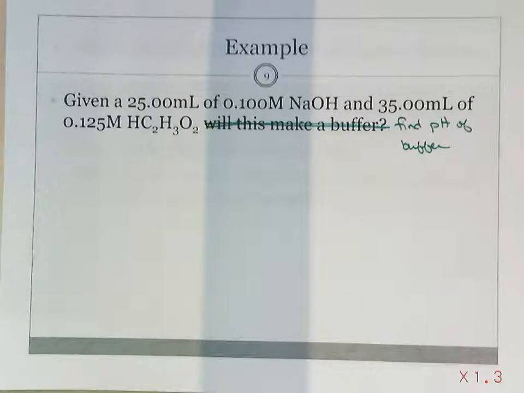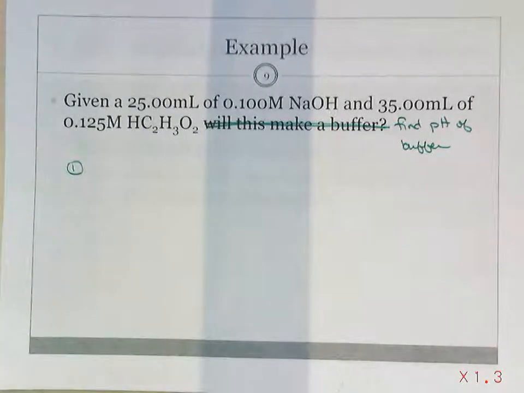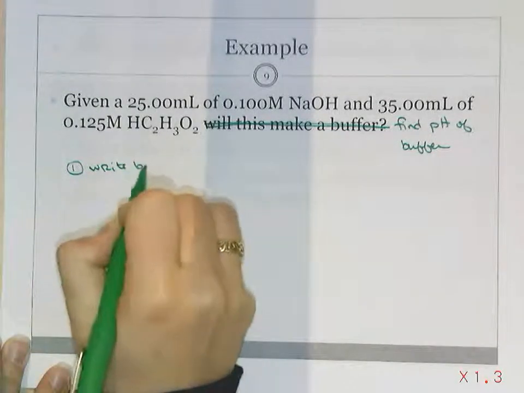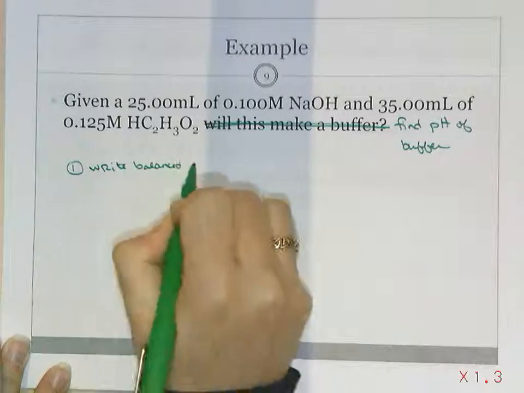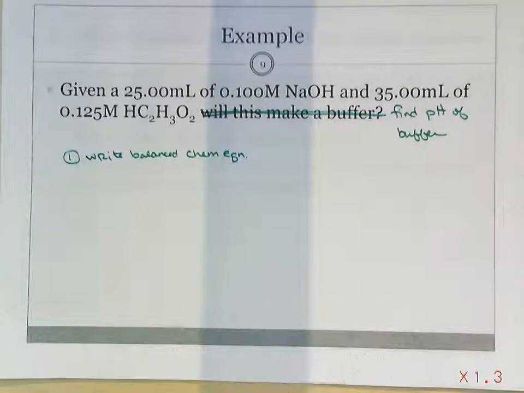All right, so first thing we always do is write our balanced chemical equation, right? All right, sodium hydroxide, strong base. Do I care about that sodium? No, totally don't care about it, so I'm just going to use it as this.